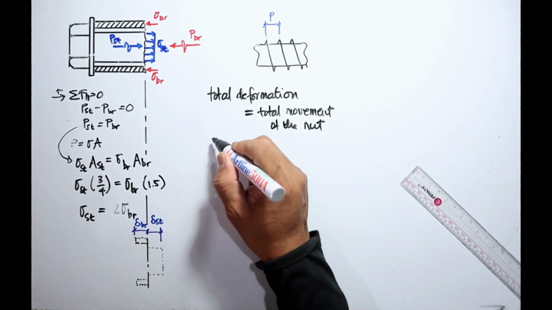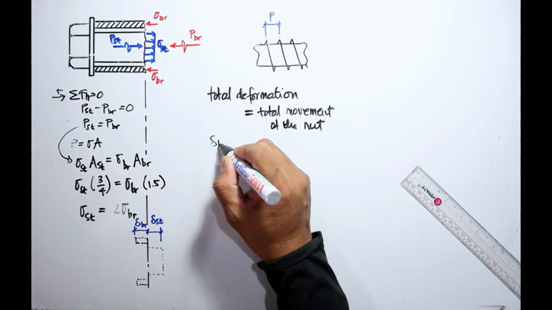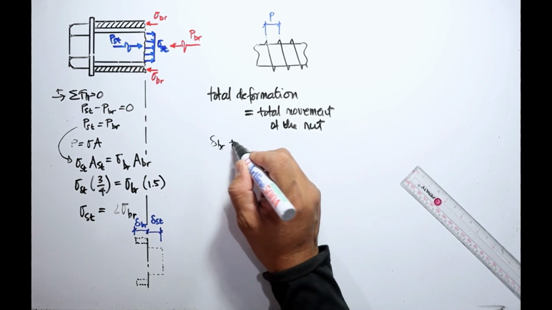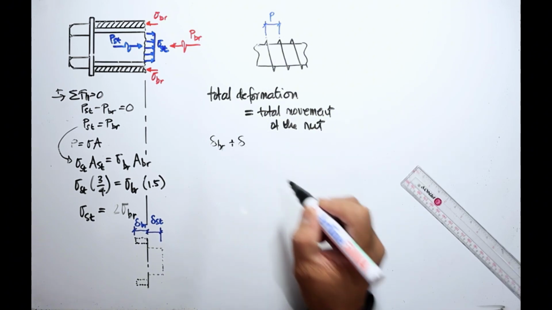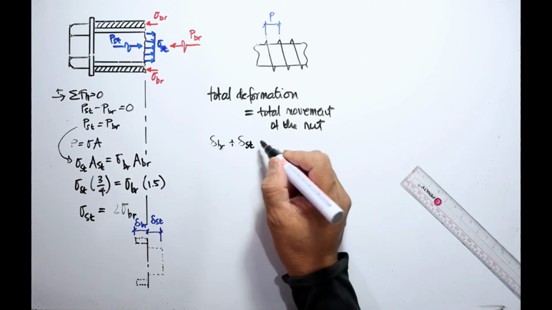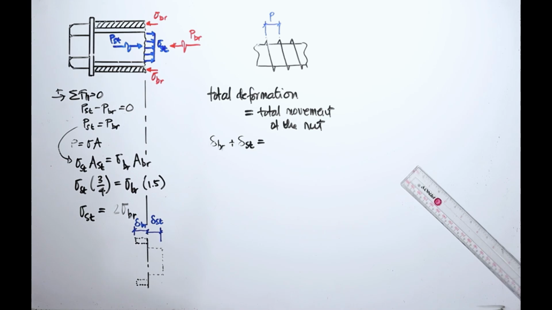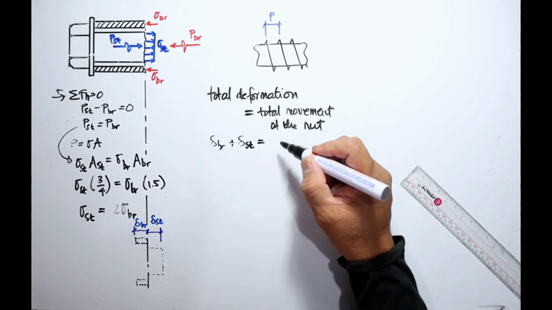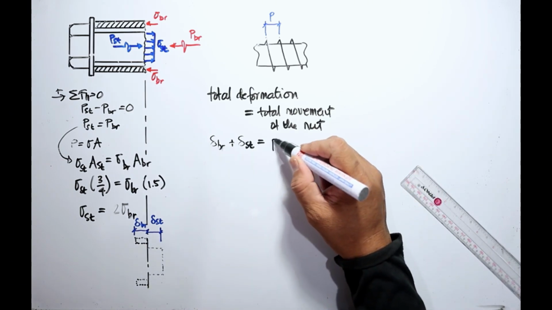The total deformation is the shortening of the bronze plus the elongation of the steel bolt, and this is equal to the total movement of the nut. So one turn of the nut is equal to P.